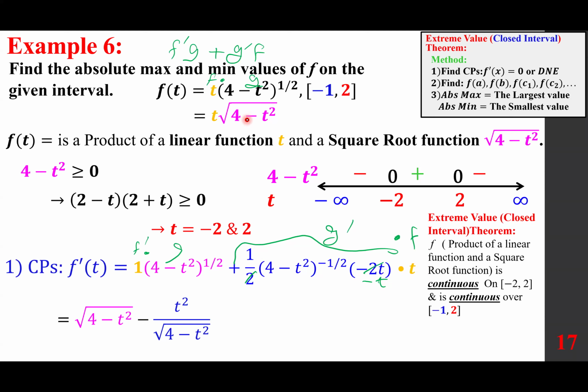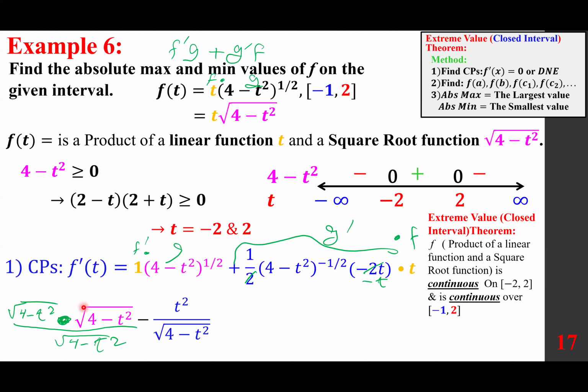So because we want to find where f prime is 0 or doesn't exist, we have to combine them. How do we do that? LCD. LCD is square root of 4 minus t squared. So how do I deal with this piece? Very simple. I put a fraction bar. I put square root of 4 minus t squared at the bottom. And I also multiply this one by the square root of 4 minus t squared. In other words, I raise it by that factor.